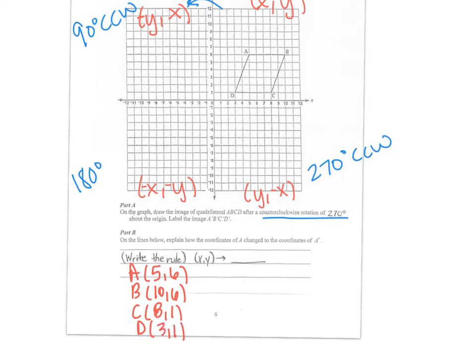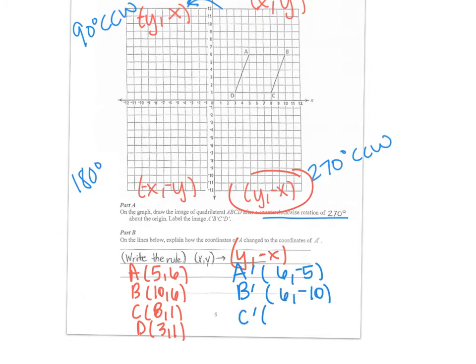So my rule when I looked at a 270 degrees counterclockwise was (y, opposite x). So that means when I am looking to rotate that, for A prime, we're going to flip the numbers and change the sign on the second one. So that's going to be (6, -5). B prime, flip the numbers and change the sign on the second one. So (6, -10). C prime, flip the numbers, change the sign on the second one. So (1, -8). And D prime would become (1, -3).